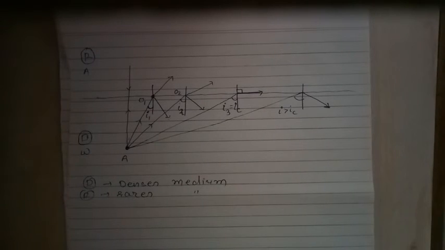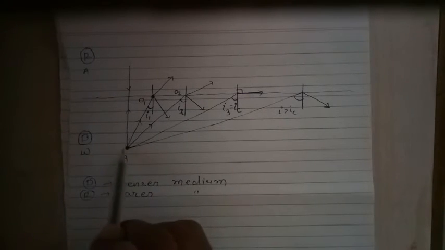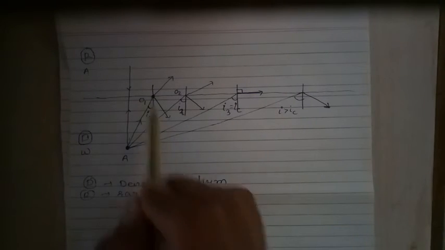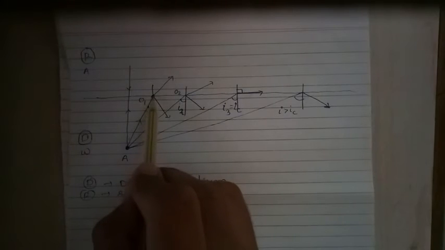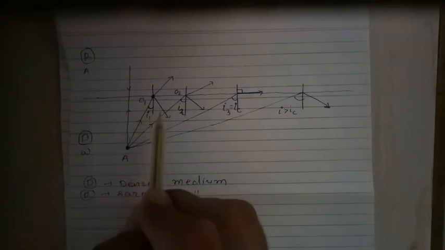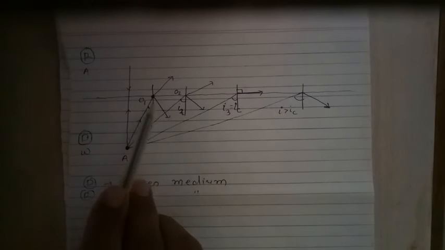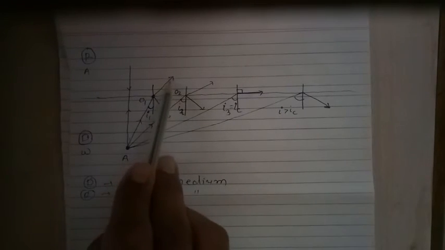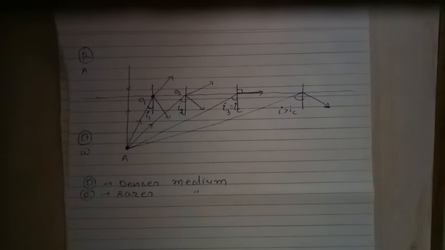Okay, now suppose this is the source, AO1 is the incident ray, right? So here I1 is the angle of incidence. Some part of the ray is reflected and some part of the ray is refracted.